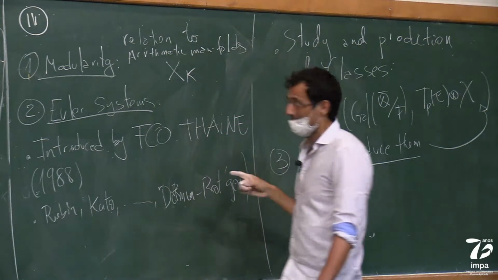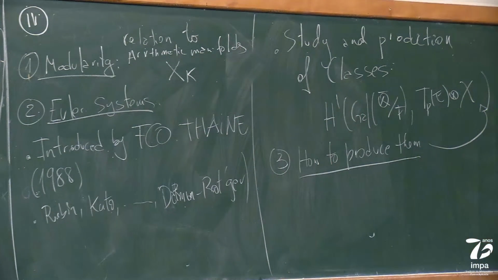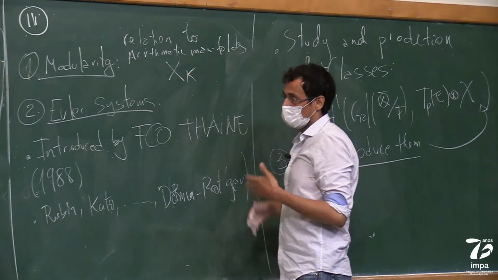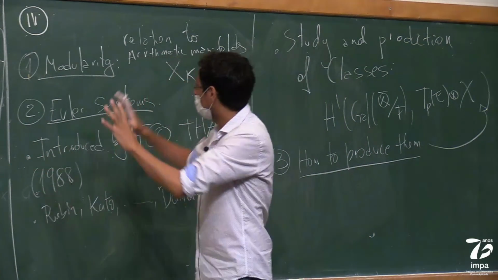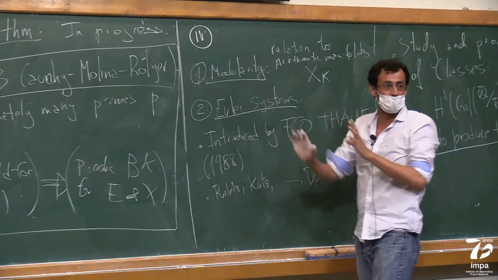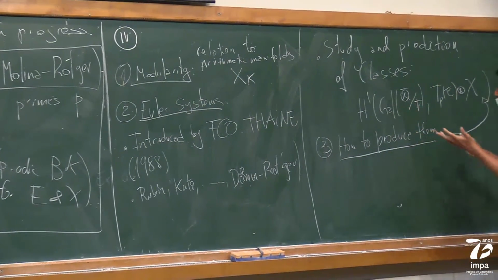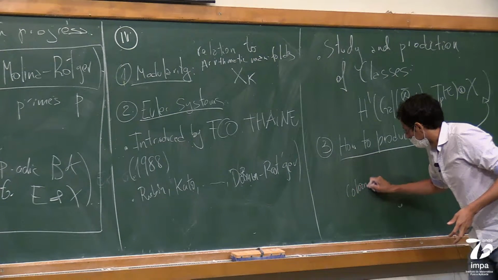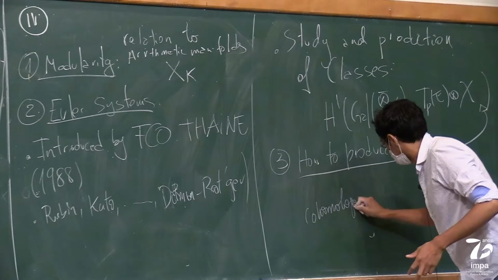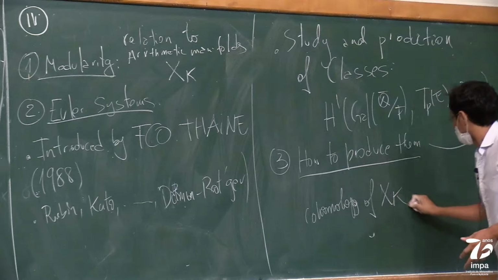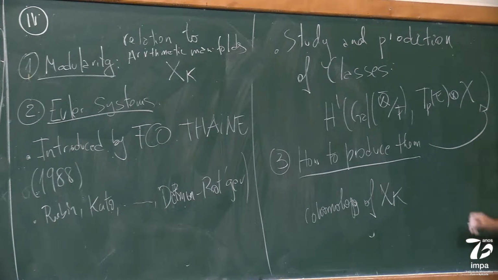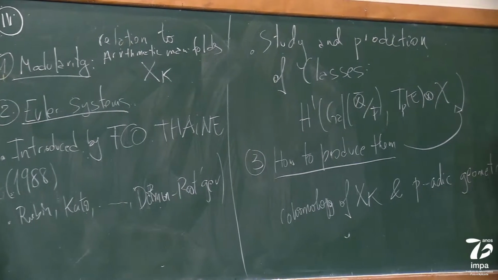X_K, I will call it. I will not say which is the group, but the reductive group behind is attached to a quaternion algebra over F. Then some arithmetic manifold linked with the elliptic curve appears naturally. There is a lot of work on that, and for us it's an assumption. How you exploit that: you use the cohomology of X_K to produce these classes and p-adic geometry.